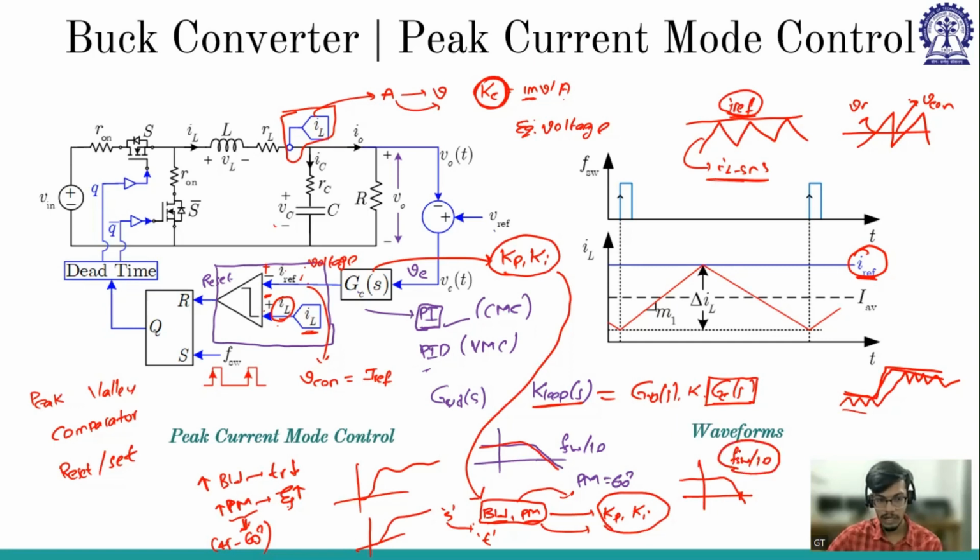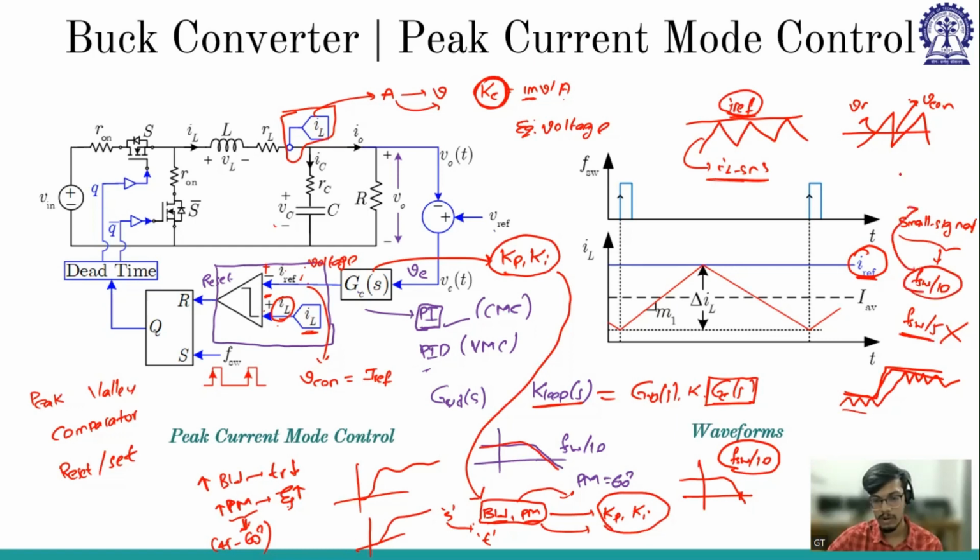Actually there are two things. If you go by the small signal approach, the small signal model has validity because we are neglecting the ripple information. So the model itself is valid only till FSW by 10. If you want to design for FSW by 5, then the model you are considering is not valid, so you cannot design for this. Then you may ask how to design for higher bandwidth.